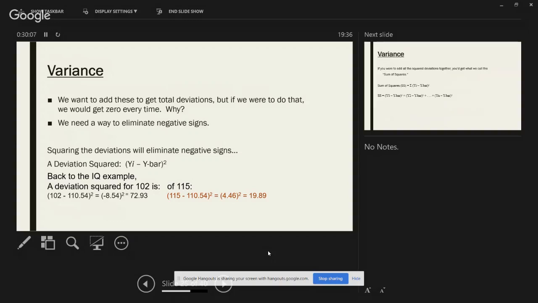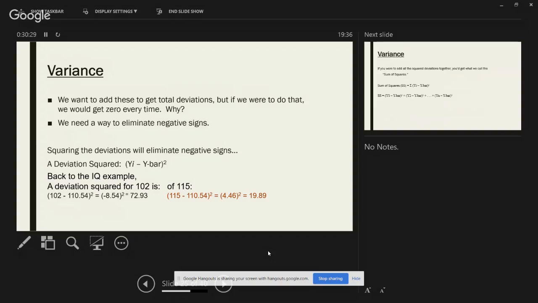Now once we have calculated the deviation, when we square that deviation, we get the variance. So basically the formula for variance is yi minus y bar, squared, divided by the total number of values we have. I'll come to that. First, let's square the values we have already calculated.